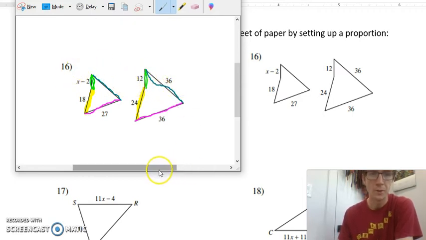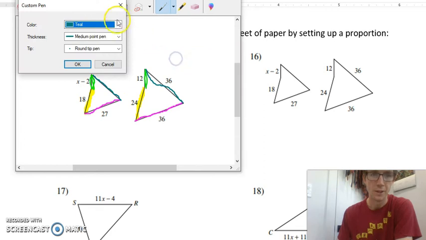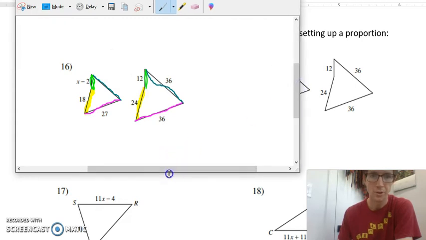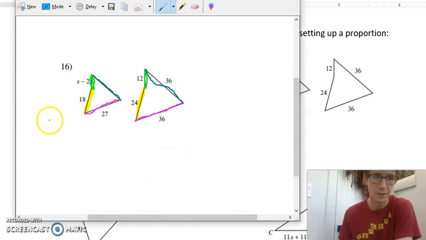So basically you have a few options as far as what proportion you want to use. No matter what, you're trying to figure out what x is, so you got to use that as one of the things in your equation. So let me see. I'm going to show you two options. One option is you can say that x minus 2 over 12 is equal to, then we can match it to what's over here in yellow.